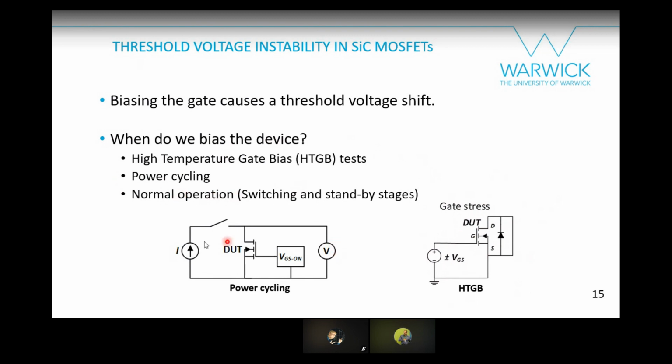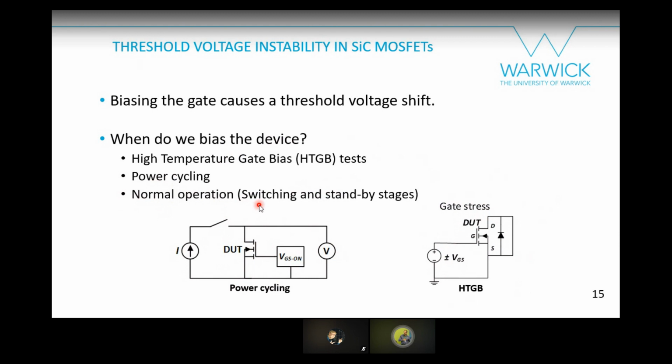Then power cycling, the circuit here. Usually you just apply a positive gate voltage to the device under test. The device is always on, and you control the current with an auxiliary device. So if the test runs for 3 weeks, you are going to apply 15, 20 volts, the nominal gate voltage, to your device for 3-4 weeks. That can affect the threshold voltage.